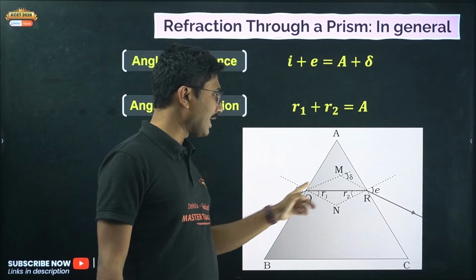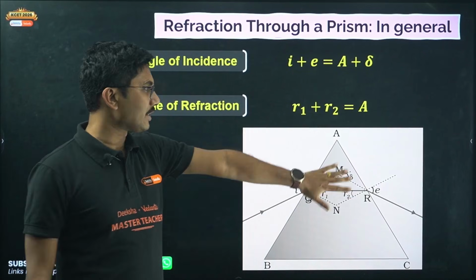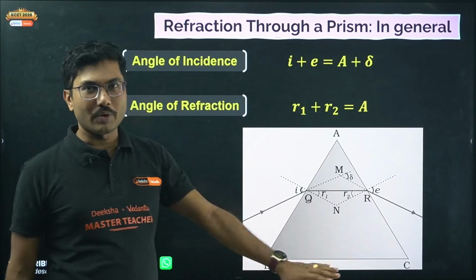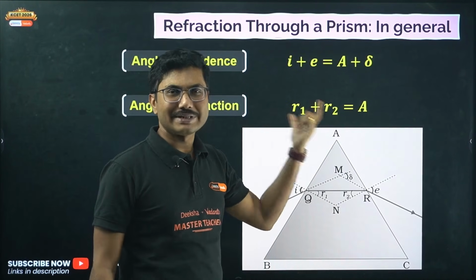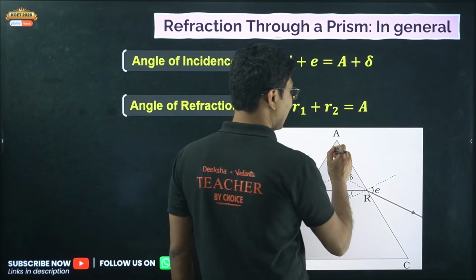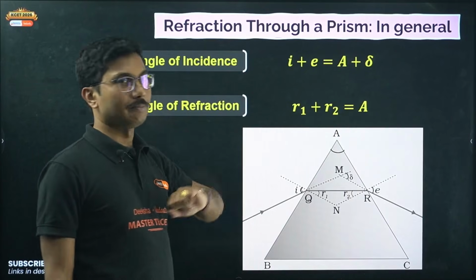Obviously you can measure i and e, but r1 and r2 you cannot directly measure. You can find them through some geometry, and from geometry it can be shown that no matter whatever is the i and whatever is the e, r1 plus r2 is always the same, and that equals the angle of the prism. This is called the refracting angle of the prism, or angle of the prism, which is given by this value A.